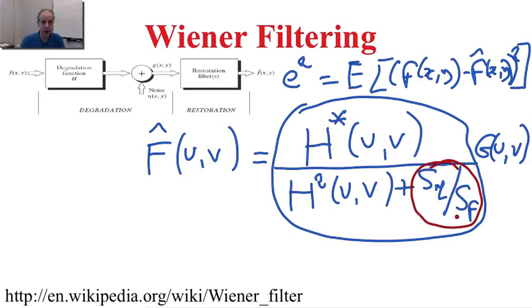All this expression, which is difficult to estimate unless you know a lot of statistical characterizations of your signal, is basically replaced by a constant. Pretty surprising, isn't it? A very complicated thing is replaced by a constant. So I don't use this anymore. I basically go and replace this by a constant.